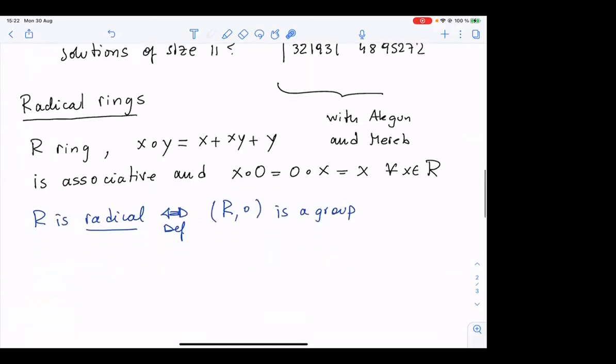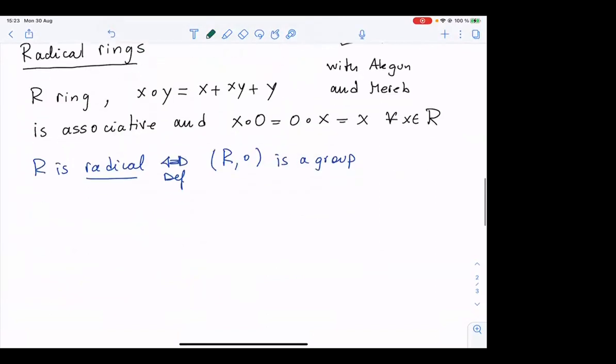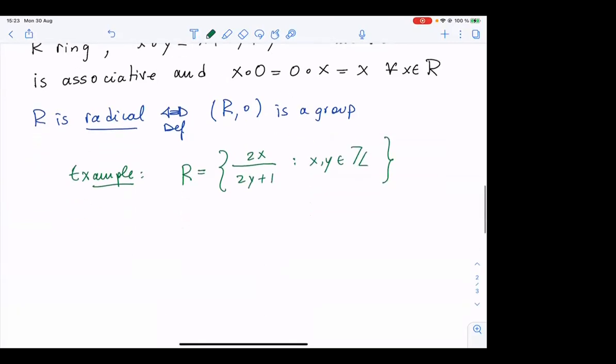So let me give you an example of a radical ring. R is going to be the set of elements of this form, 2x or 2y plus 1, where x and y are integers. Okay. And this is a radical ring because what you need to do is to find the inverse of an element like this.